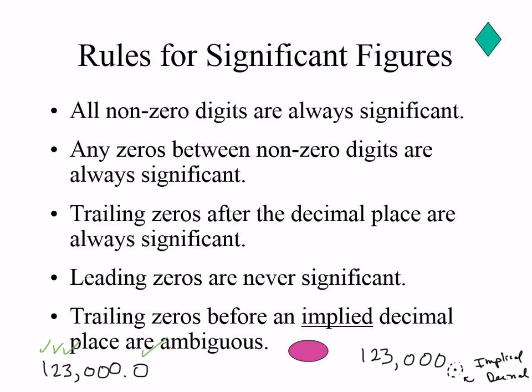Well, I look at it this way. 1, 2, and 3 are significant because of the first rule. This last 0 is significant because of the rule for trailing zeros after the decimal point. And those 3 zeros are significant because they're between 2 significant digits.